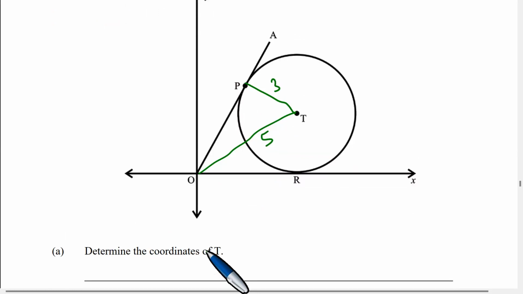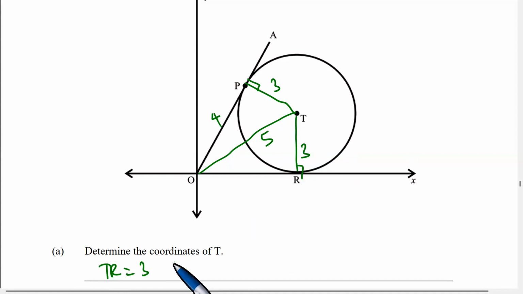Obviously, there's a radius and a tangent, and a radius is always perpendicular to a tangent at the point of contact. So this is 5 and this must be 4. This is called a 3, 4, 5 triangle. TR is 3, like the radius.